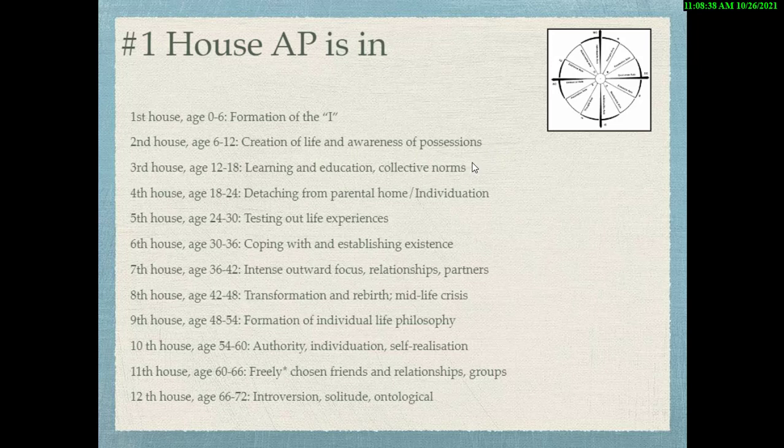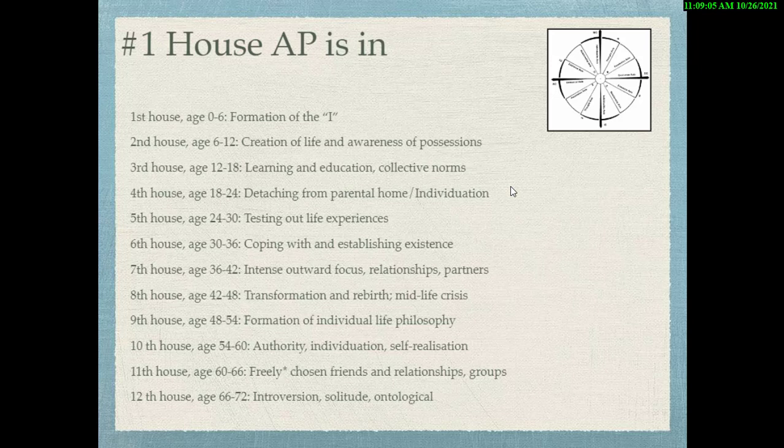The third house deals with, from age 12 to 18, learning and education, collective norms. Fourth house, 18 to 24, is detaching from our parental home and really individuating. We see that a lot with charts where the age point enters into the fourth house, and that individual finally decides to leave home, for example.